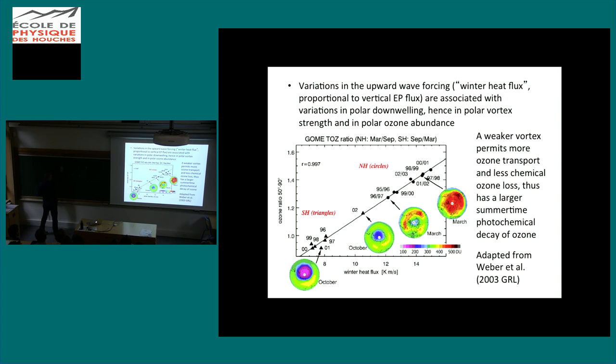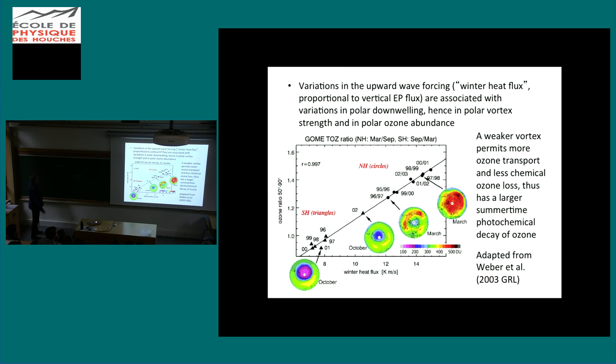So you can look at the ratio of the springtime maximum to the summertime, and that's what's plotted here. It is the ratio over the polar latitudes in the northern hemisphere between March and September, and in the southern hemisphere between September and March, so just 6 months out of phase.